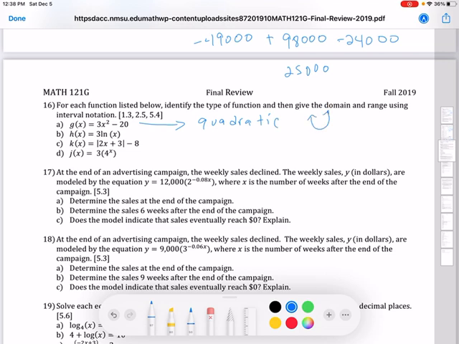Therefore, the domain is all real numbers. And then the range is from 0 to infinity. And again, you guys can use your graphing utility to look at it. But we should all know these type of problems, right?